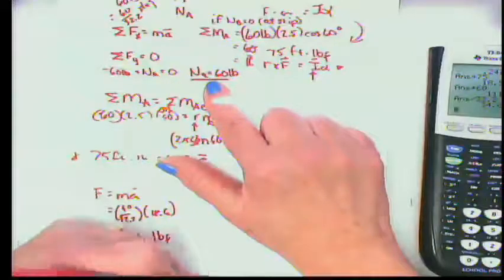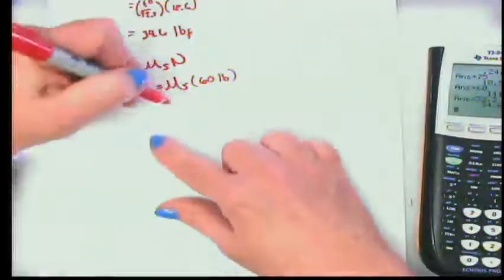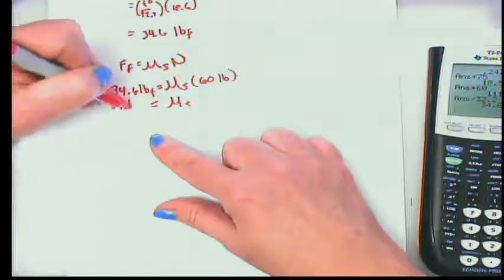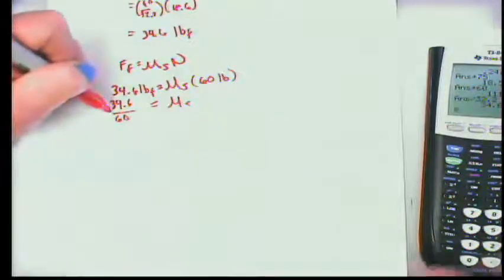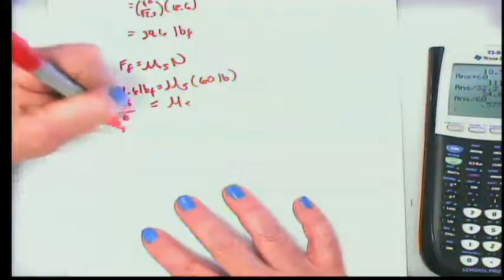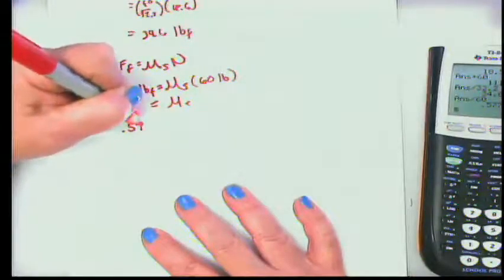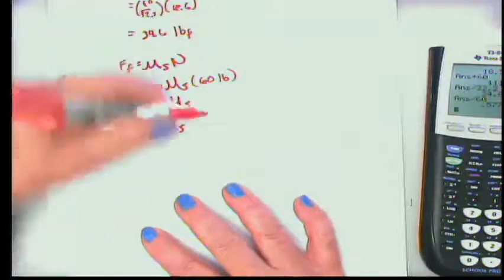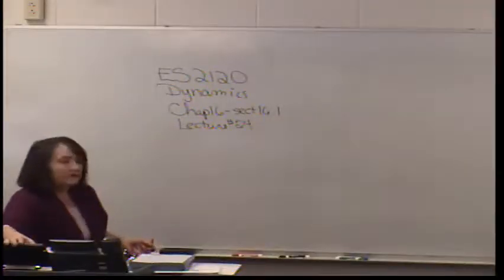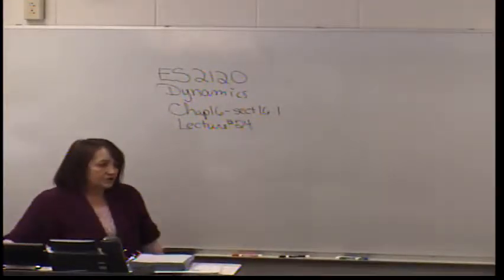So my coefficient of static friction is 34.6 pounds divided by 60 pounds. And that value is 0.577. So I have to have a pretty rough surface, right? I have to have 0.577 as my coefficient of static friction in order to keep that plate from sliding under those conditions.